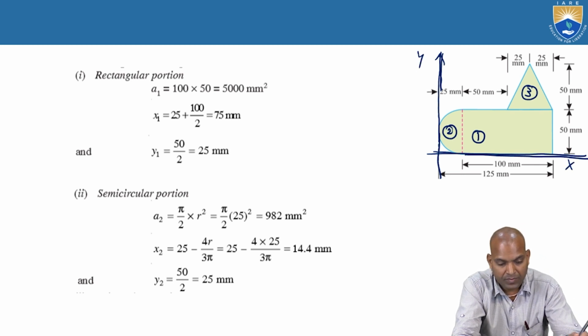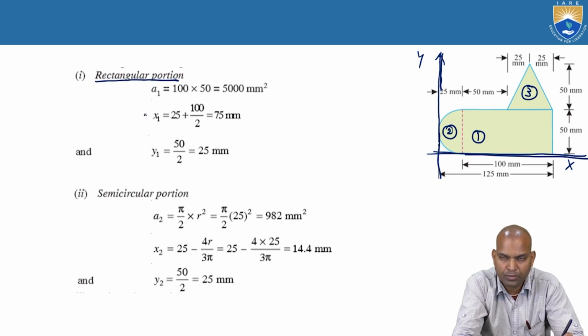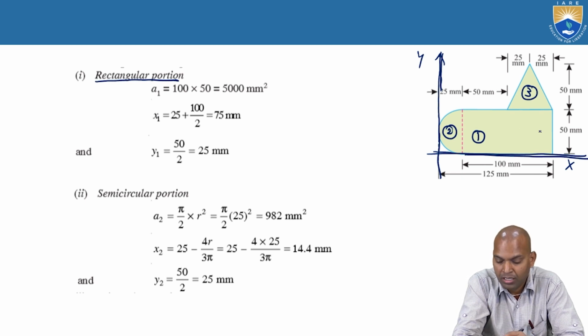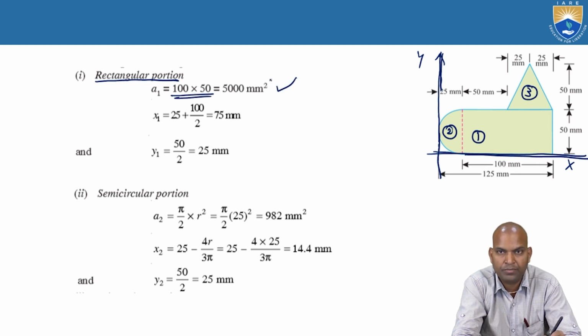Now consider the rectangular portion A1. Its area is the product of length and breadth. The length is 100 millimeters and the breadth is 50 millimeters. 100 times 50 is 5000 square millimeters.